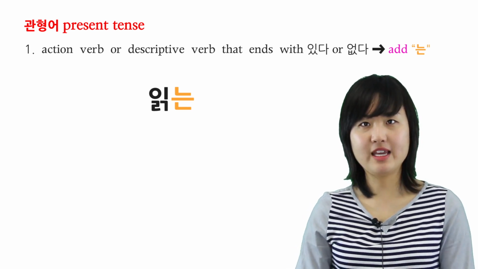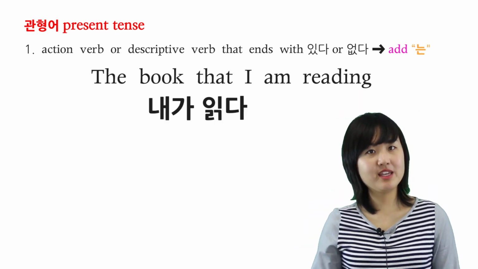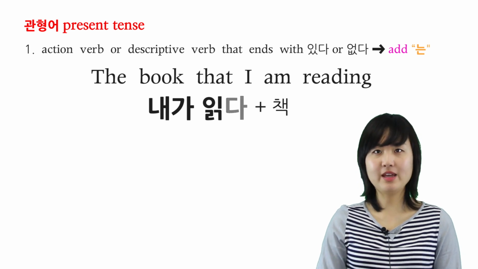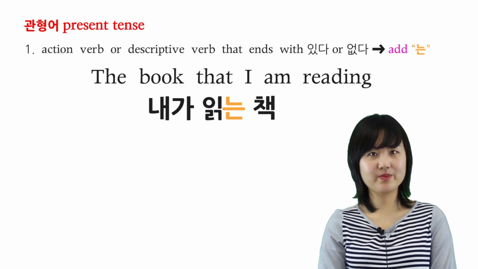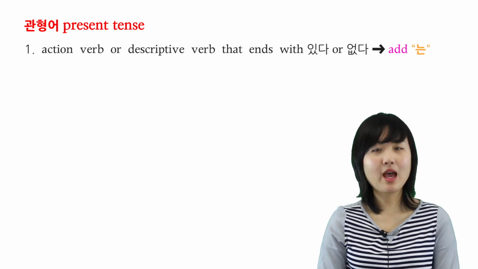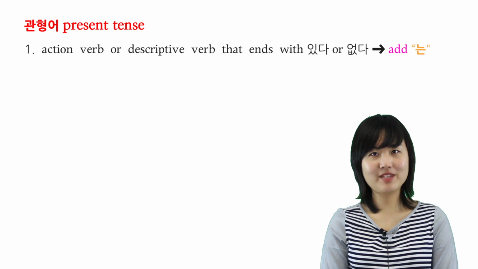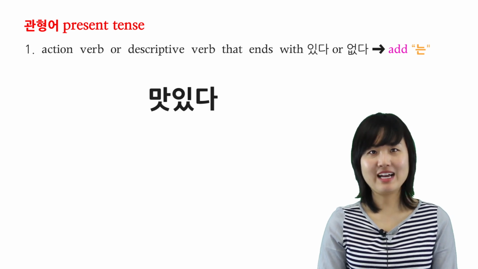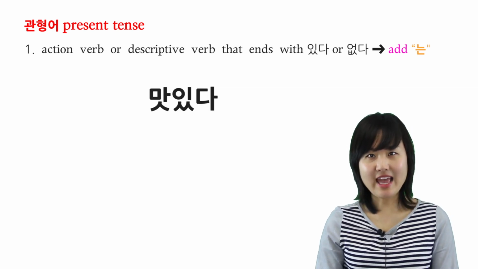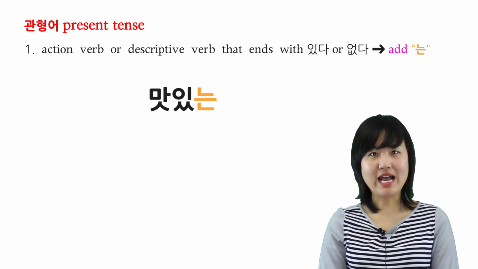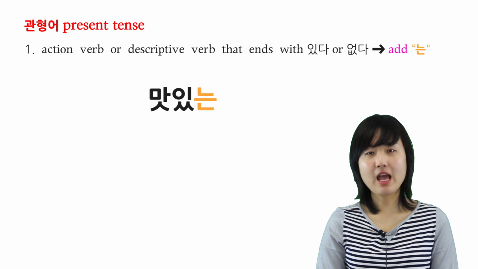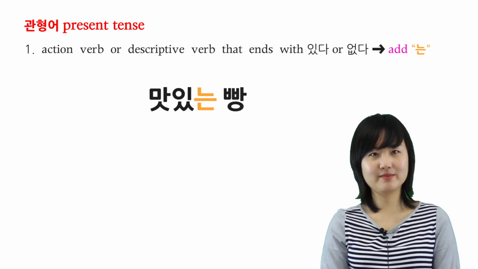Therefore, if you want to say, the book that I am reading is fun, then you can say, 내가 읽는 책이 재미있어요. Same thing with 맛있는 빵. Although 맛있다 is a descriptive verb, it ends with 있다. Therefore, 는 should be added to the verb stem, and it's 맛있는 빵.